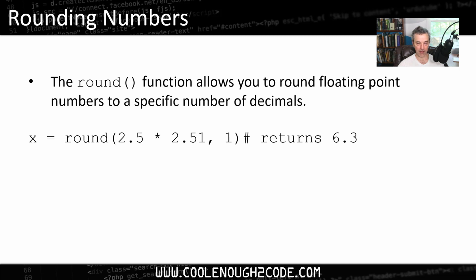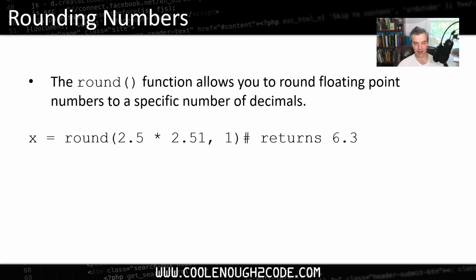An example might be round of 2.5 times 2.51. We would expect that operation to have a precision of 3 decimals, because in my multiplication I have 3 numbers after the decimal, and that's what will determine how many decimals.